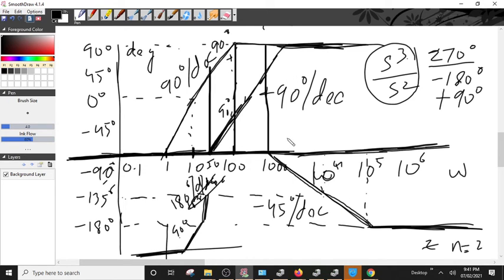So we have two slopes to consider up till this point, right. One is 90, the other is minus 45.